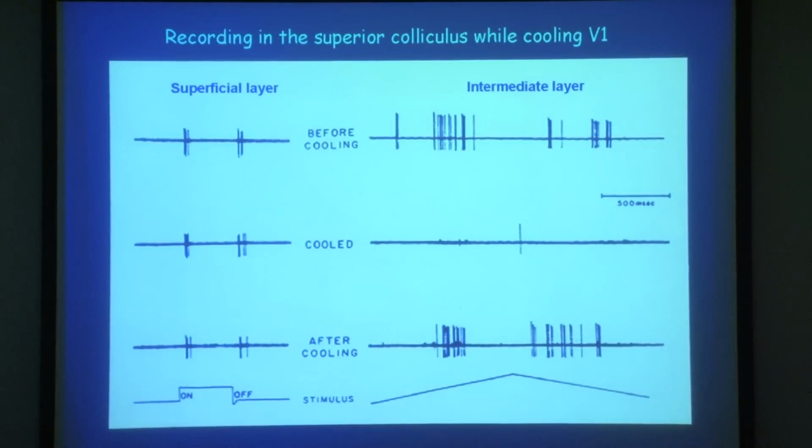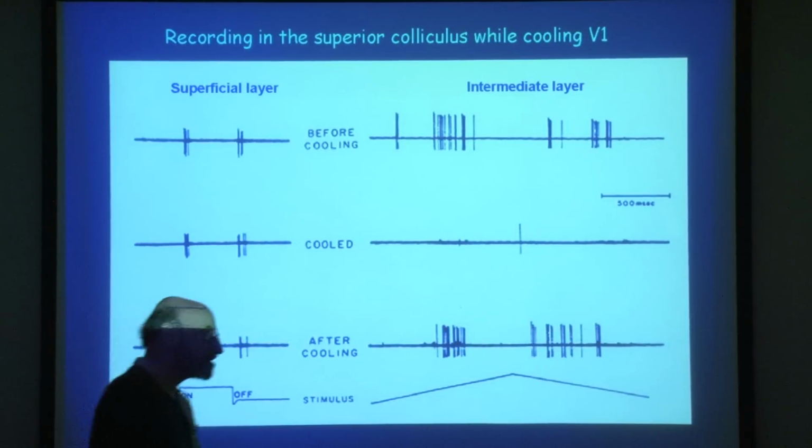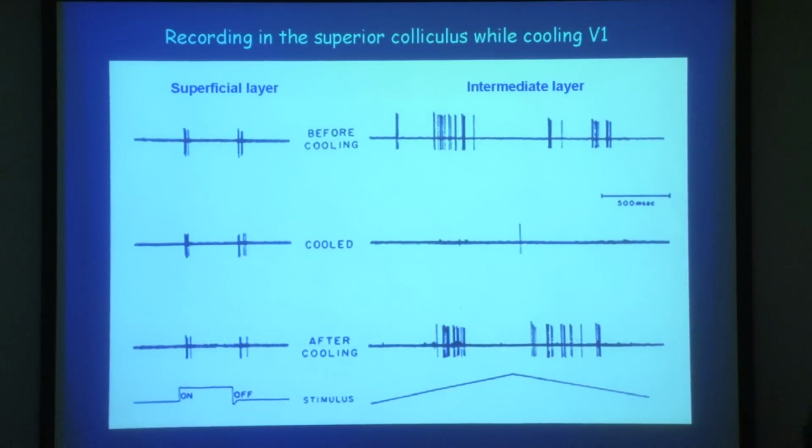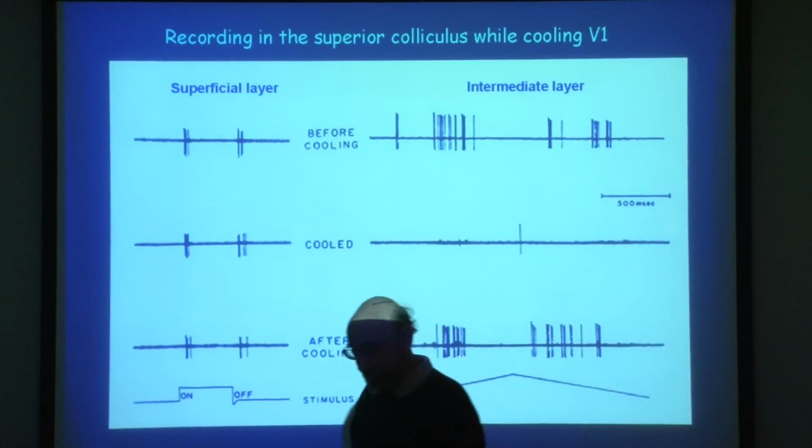However, once you get down to the intermediate layers and the lower layers as well, every time you cool, the cell stops firing, as you can see here. This means that these cells in the intermediate and lower layers of the colliculus are driven by the cortical downflow. They're not driven by the direct input from the retina.